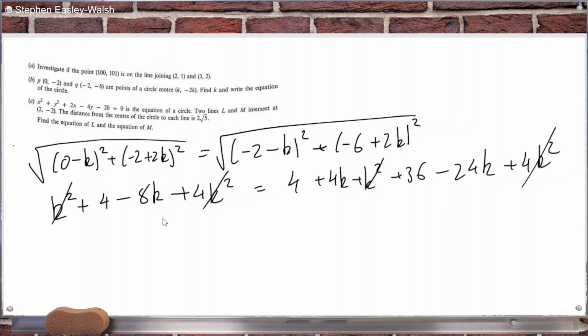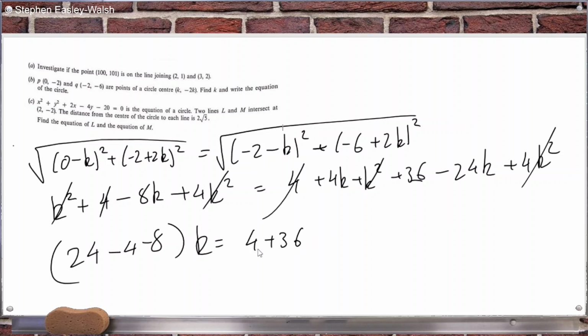Taking all the K's to the left, so you'll have 24K minus 4 minus 8K will equal 4 plus 36. Oh, actually, those 4's cancel. So just 36.